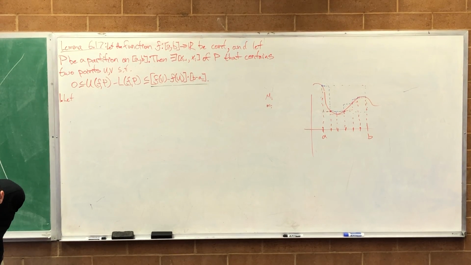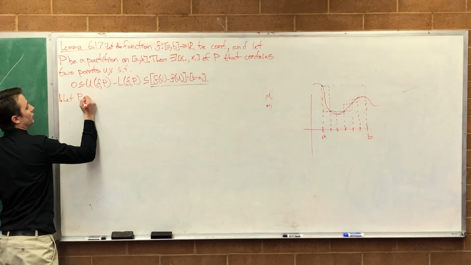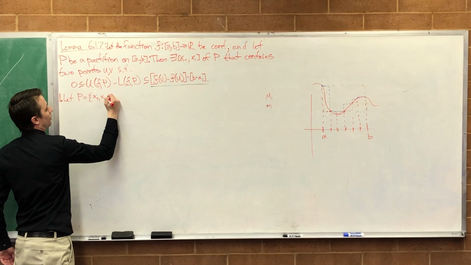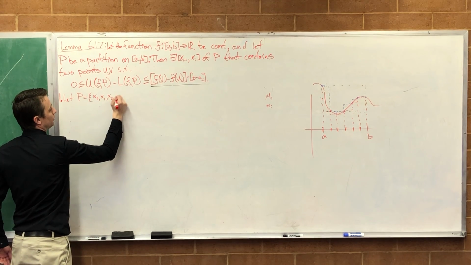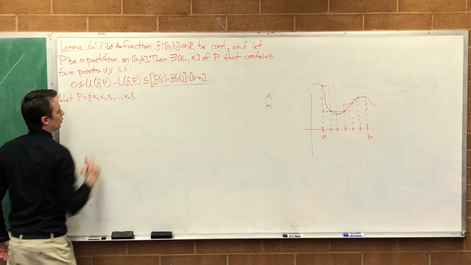Let's see, do we collect them in a set? Let P be that for each index I, since F is continuous. Oh, that's a good place to start. Okay, yeah. So let's name P. P is going to be x0, x1, x2, dot, dot, dot, all the way to xn. It's got endpoints in the partition.